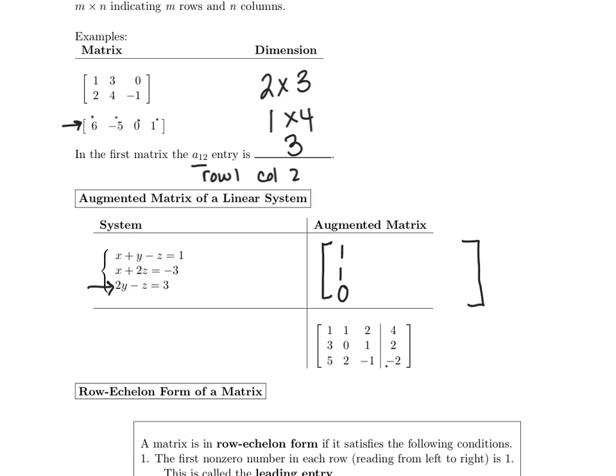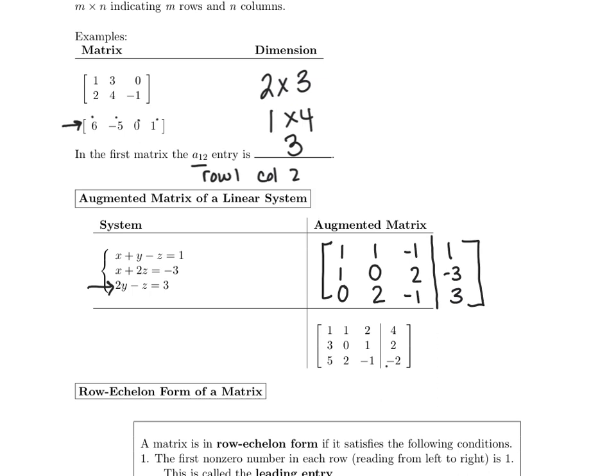Then I go to my y's. There's 1y, there are no y's in the second equation, and there are 2 in the third equation. We have negative 1z, 2z, negative 1z. And then you draw a line that represents your equal sign. And we have 1, negative 3, and 3. And we've just written what's called the augmented matrix.